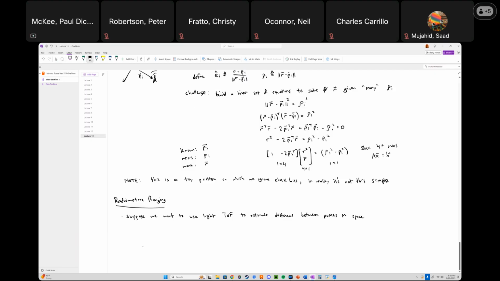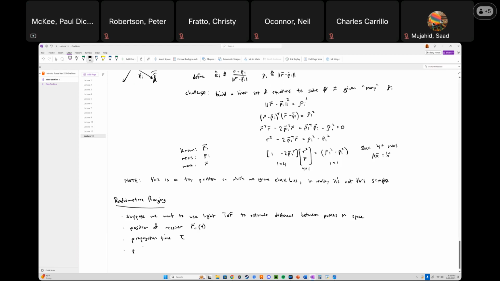Okay, let's say we have the position of the receiver, which is r as a function of t. We also have a propagation time, or time of flight, tau.